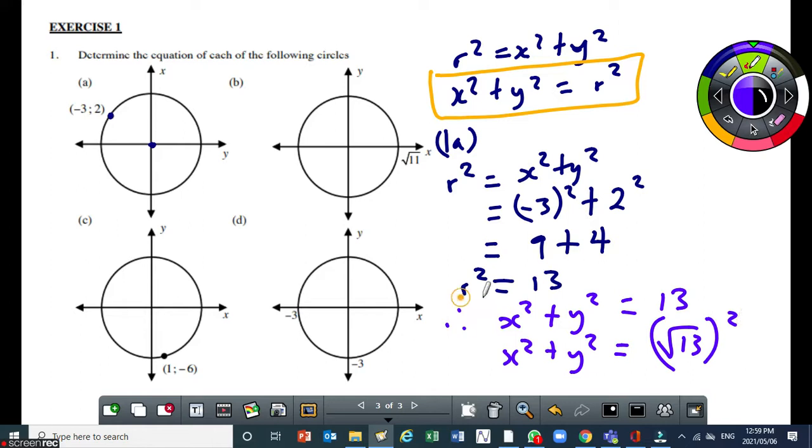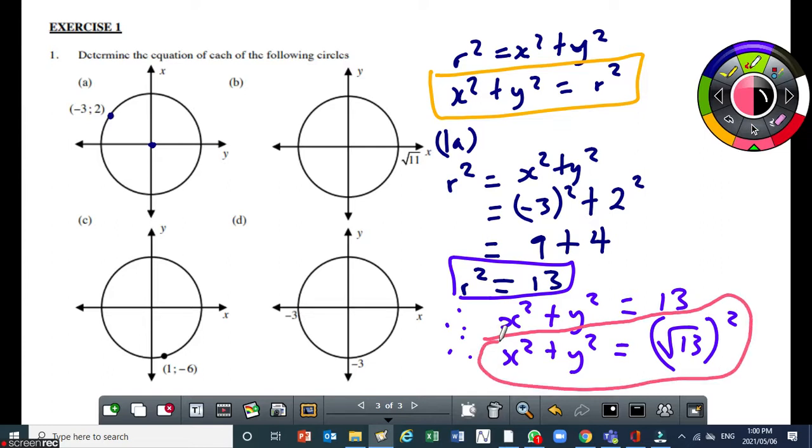Because if I solve for r here, I get the square root of 13, and in the general equation the r must be squared. So I can write it like that. In this case I would prefer that you learn to write it this way, because this is the format you are going to encounter more. Right, so that's 1A. Then we can do another one.